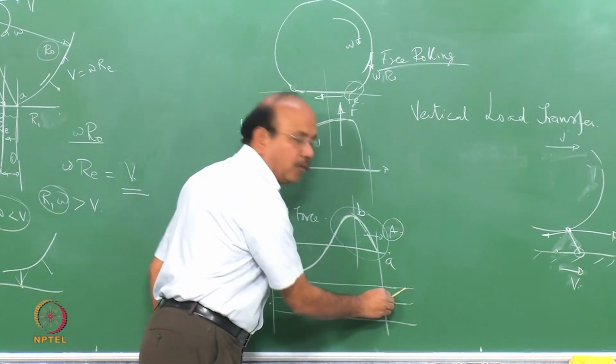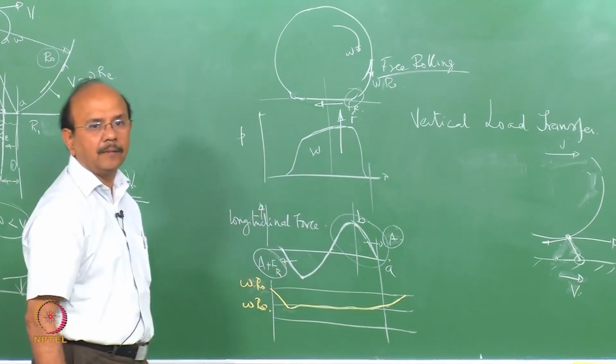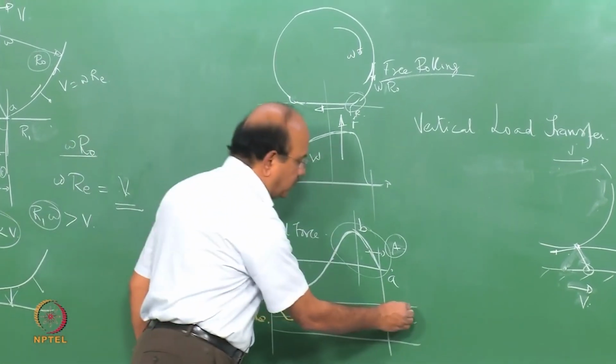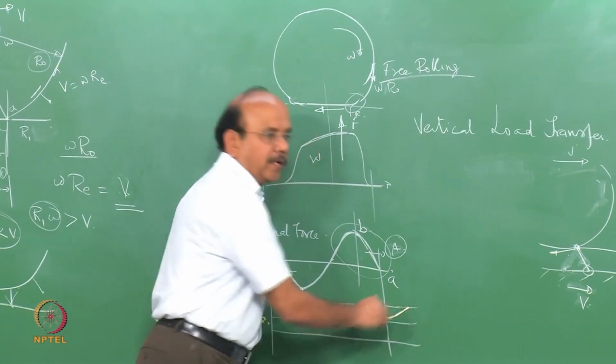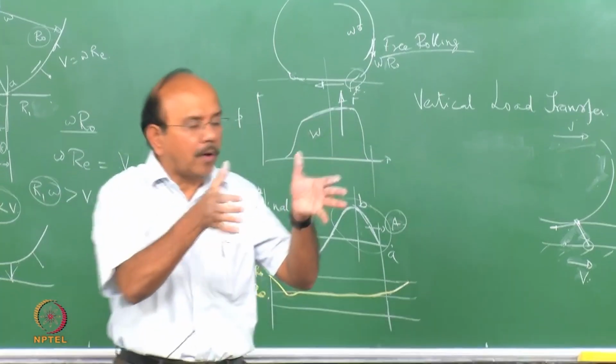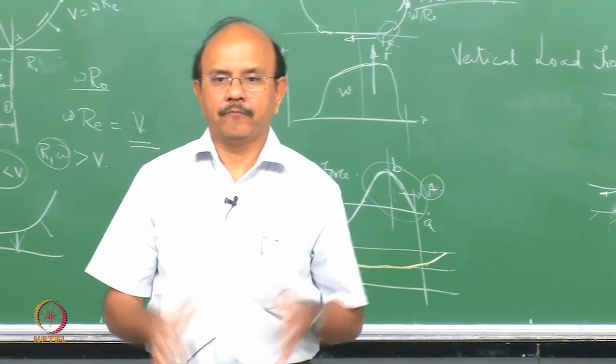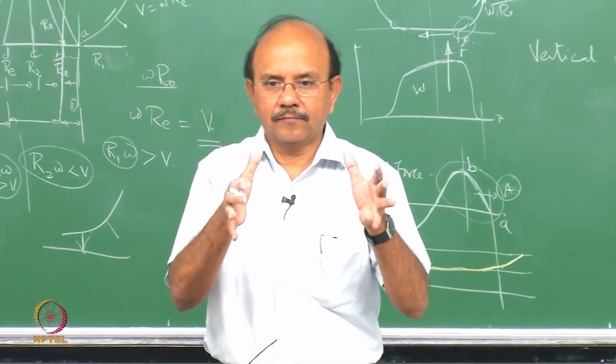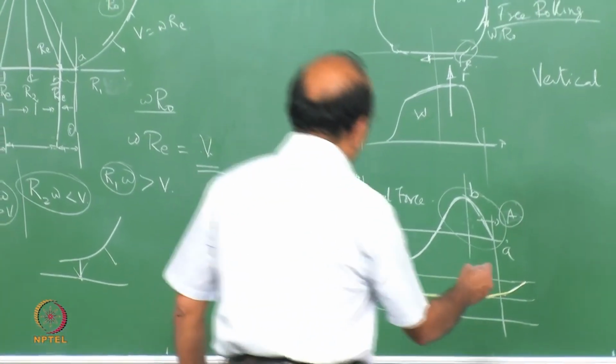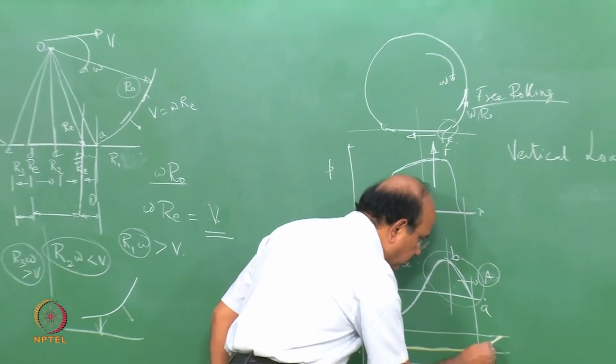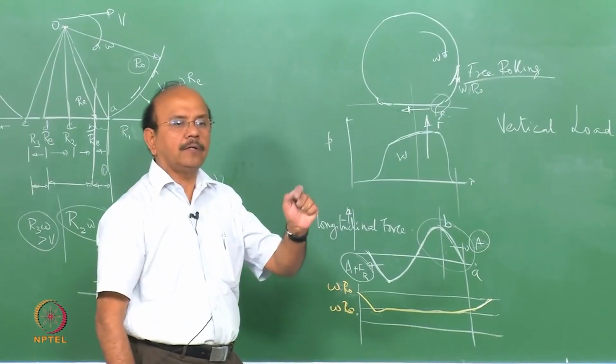as I approach the contact patch, my velocity now keeps dropping. In other words, I start becoming smaller. So the velocity starts dropping even before I hit the ground.